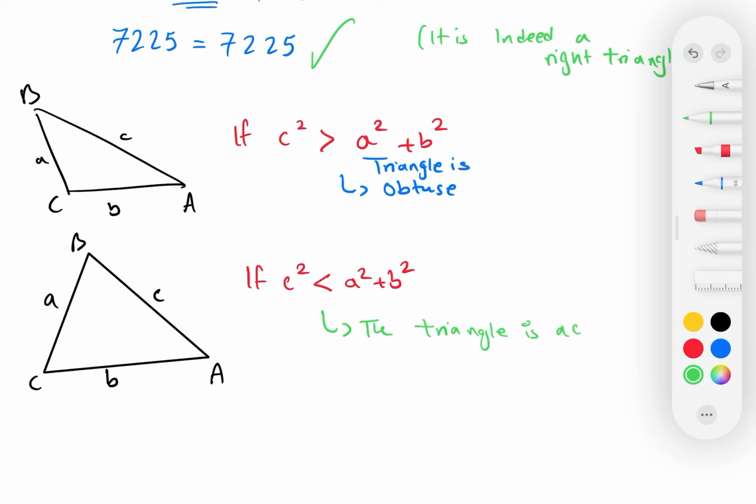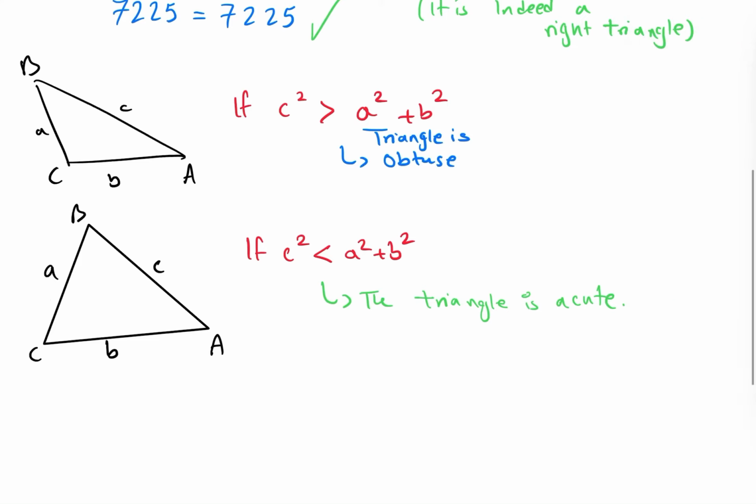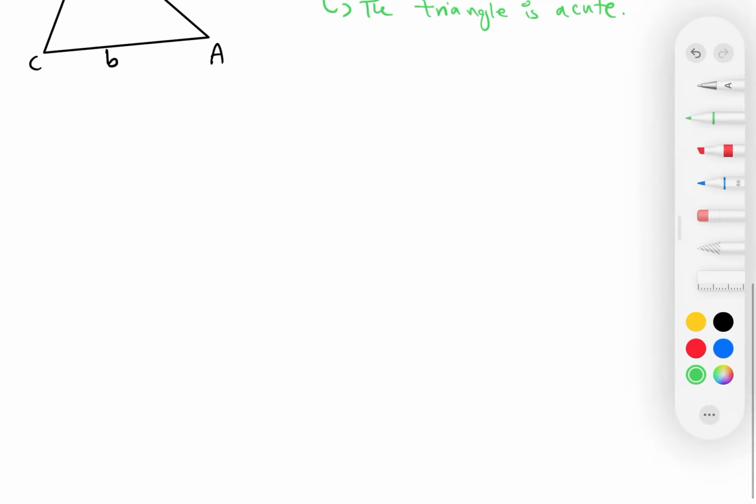is acute. Now, there are multiple ways a question can come in the exam regarding these types of, I guess you can say, theorems. One of the ways is they would give you a word problem like this.